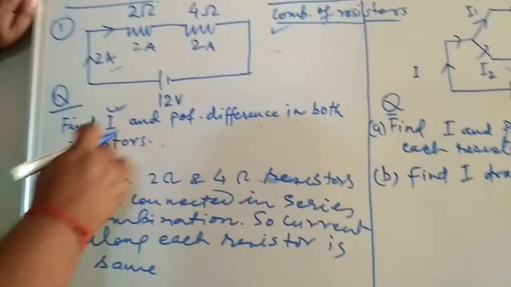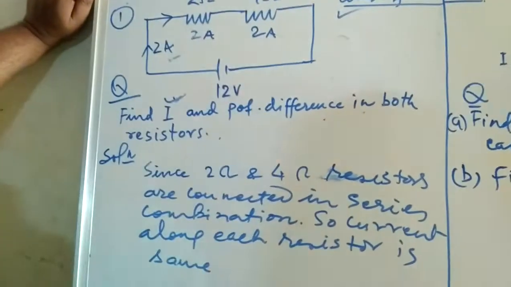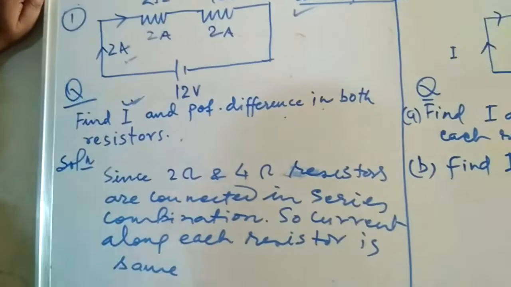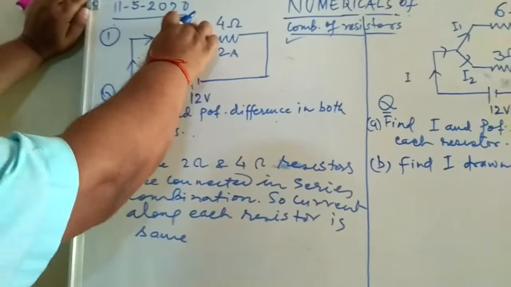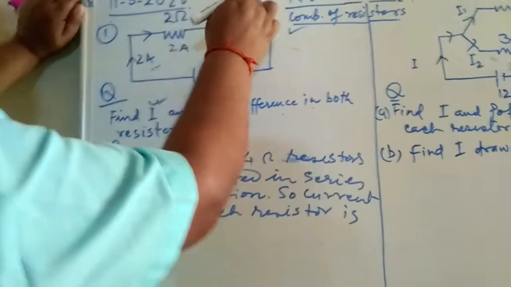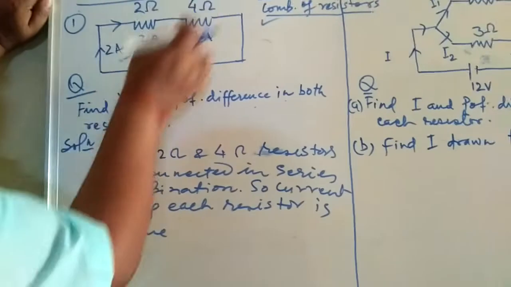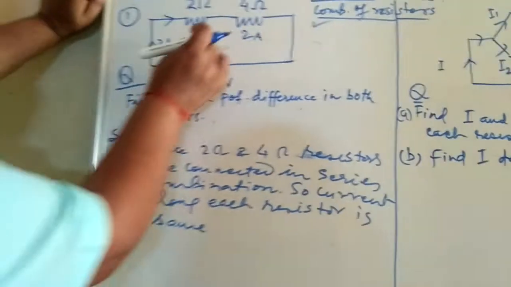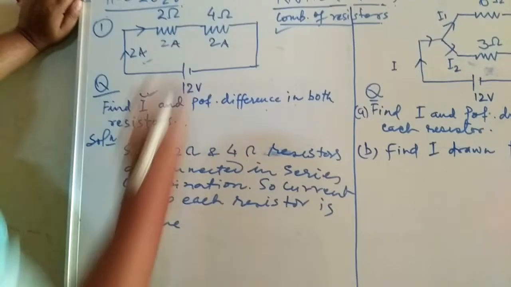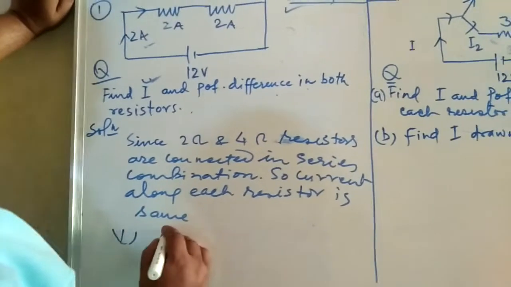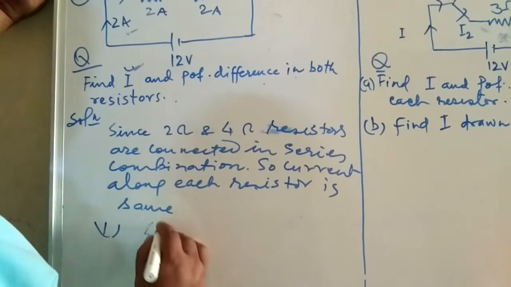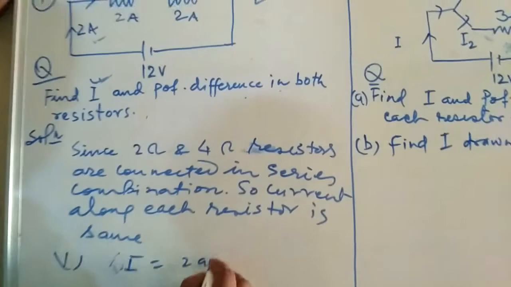And what is the current through the main circuit? That is 2 ampere. So along the 2 ohm resistor and along the 4 ohm resistor the current is the same, that is 2 ampere. So the current is I equal to 2 ampere.